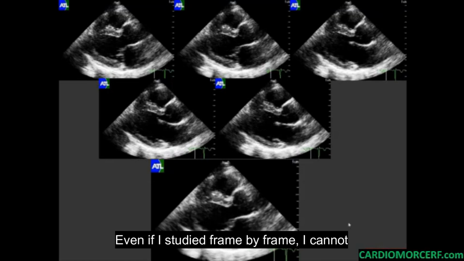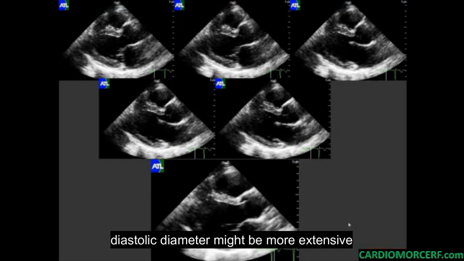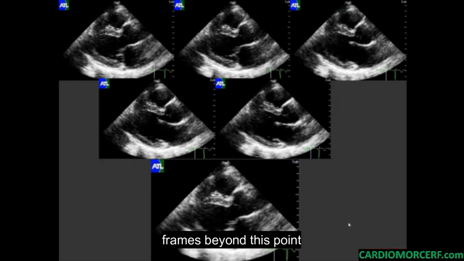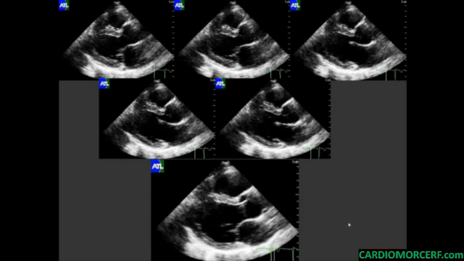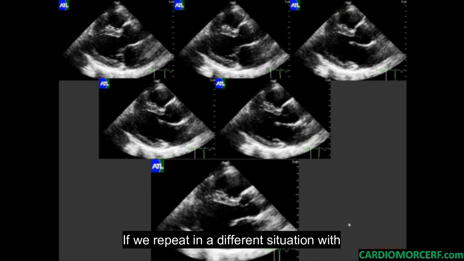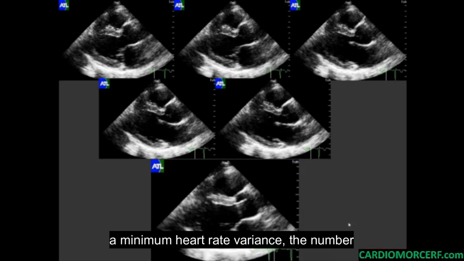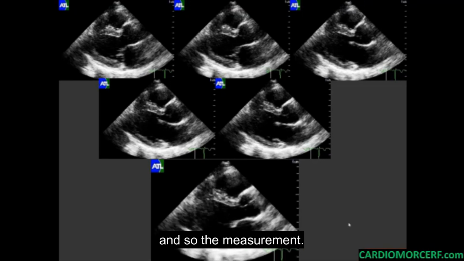Even if I study it frame by frame, I cannot be sure that this apparent maximal diastolic diameter might not be more extensive if there were a couple of image frames beyond this point to the maximal diameter. If we repeat in a different situation with a minimal heart rate variance, the number of frames by one cardiac cycle will vary, and so the measurement.